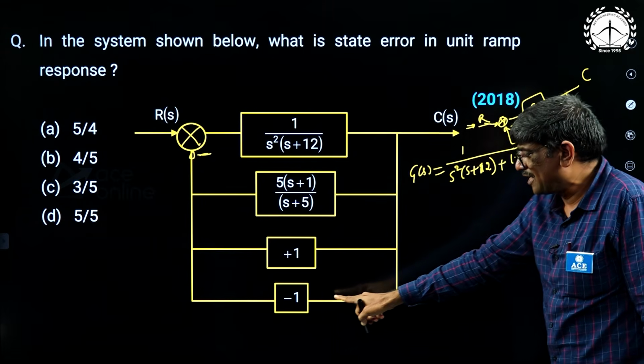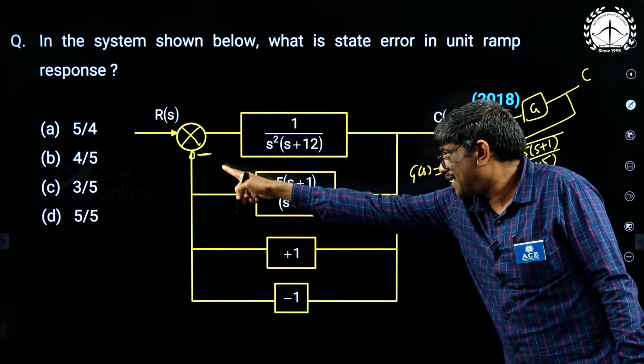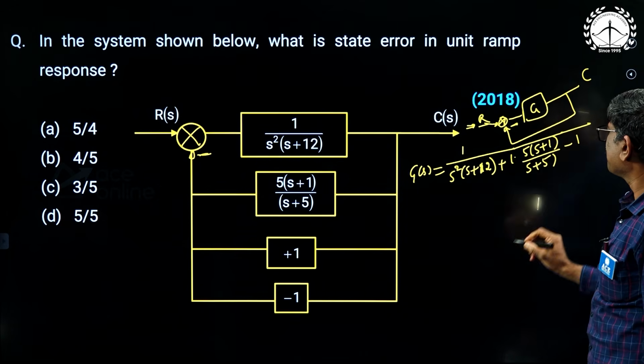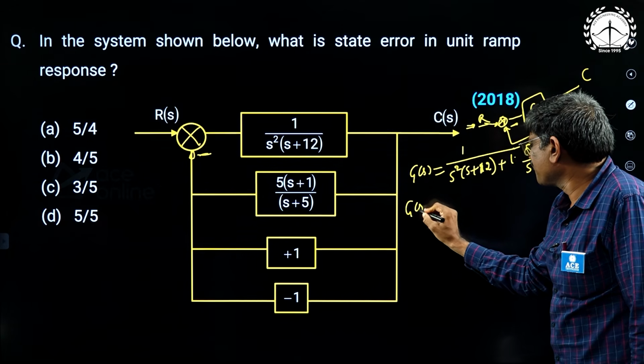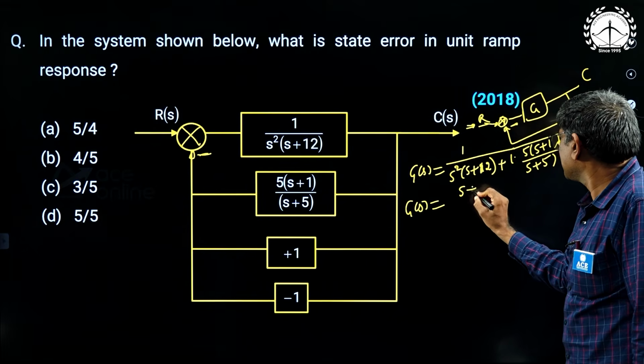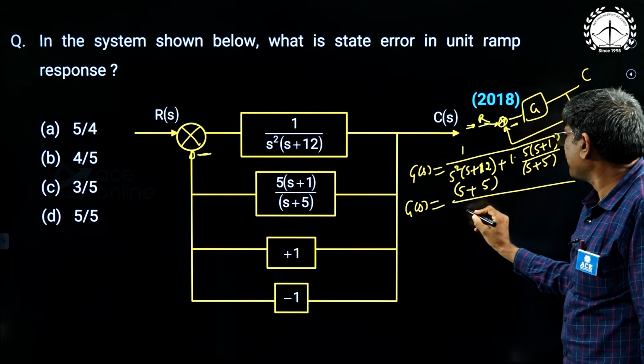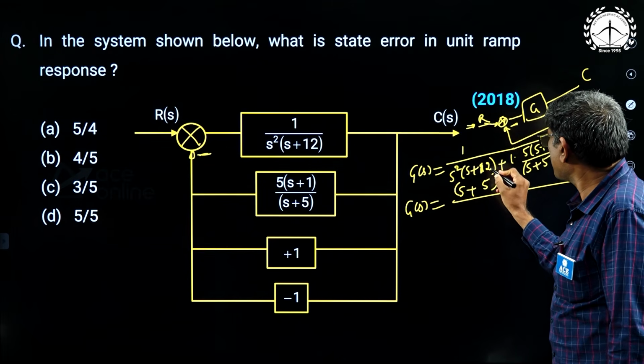What is G(s) we are getting? (s + 5) divided by [s²(s + 12)(s + 5) + 5(s + 5) − (s + 1)...].